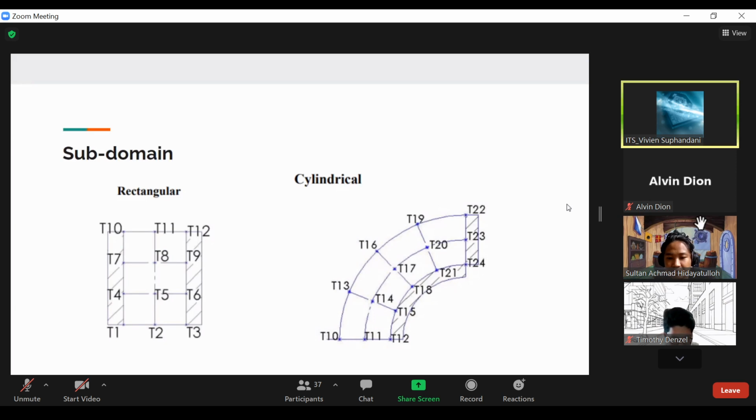Okay. Do you have the calculation for node 11?